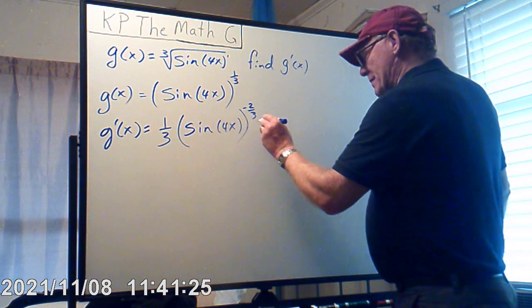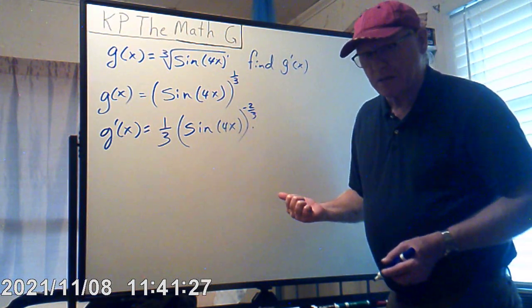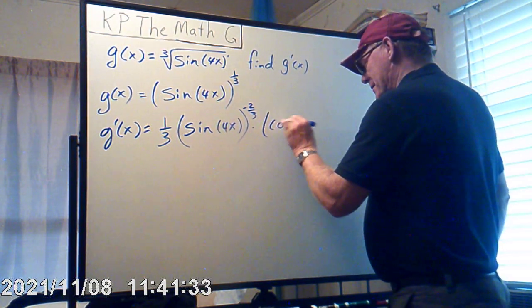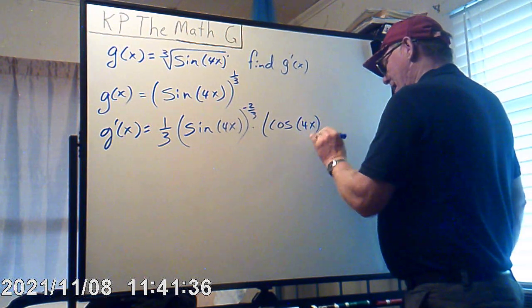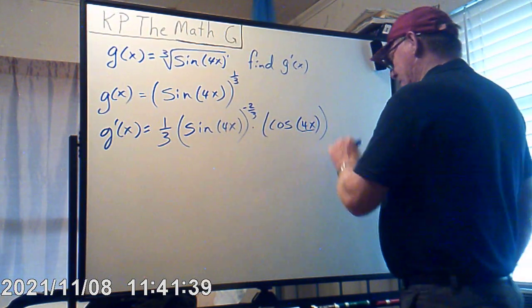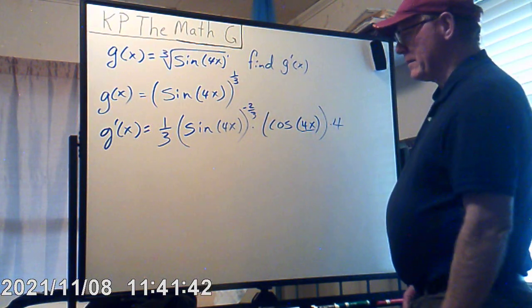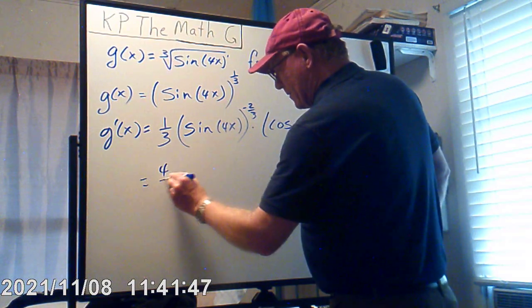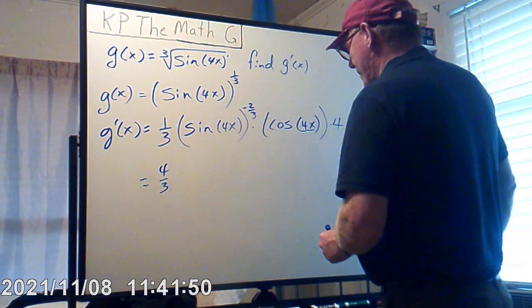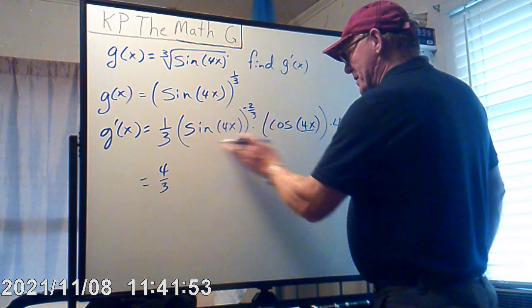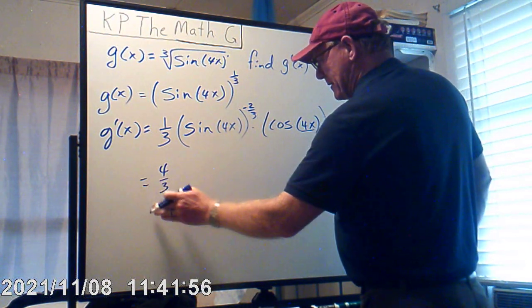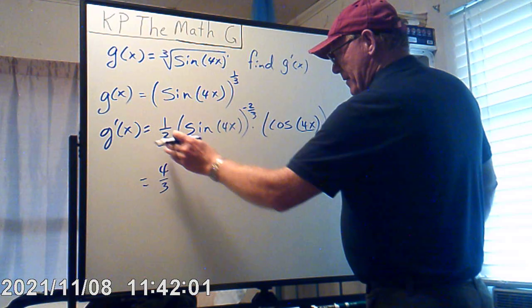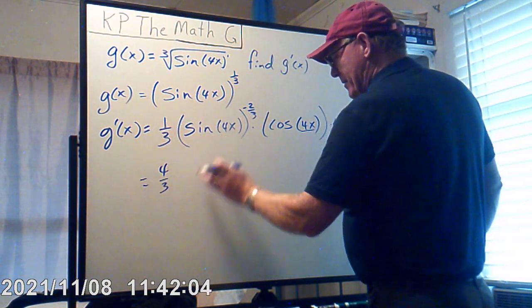Now times, keep times, no pluses, times the derivative of sine, which is cosine. Now the derivative of 4x is just 4, and there you go. Well, 4 times 1/3 is 4/3, and this needs to be in the denominator.